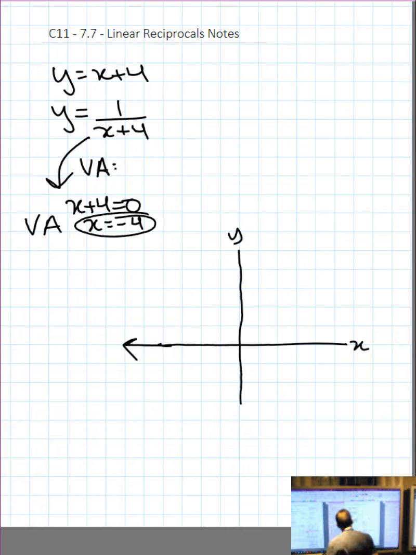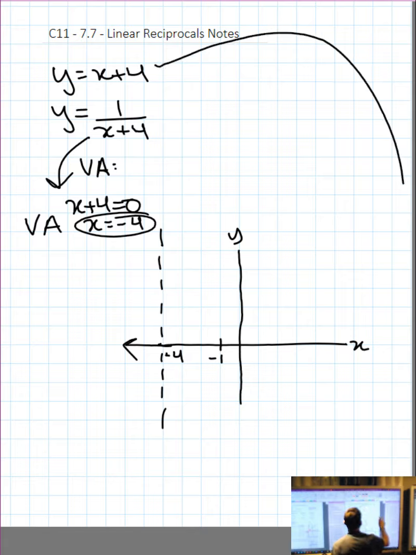So the vertical asymptote that we just figured out, x equals negative 4, is a vertical dotted line at x equals negative 4. 1, 2, 3, 4, negative 1, negative 2, negative 3, negative 4. So we put a vertical line exactly where the vertical asymptote is. What we should have done immediately, my apologies, but all good. Let's just put an arrow from it to the step.